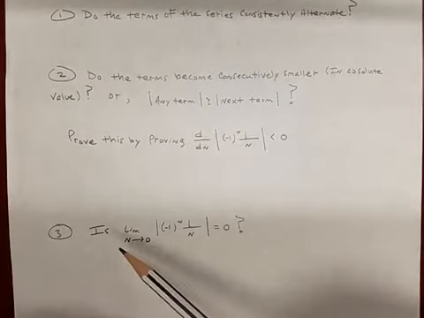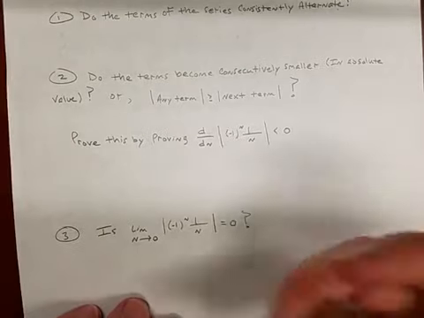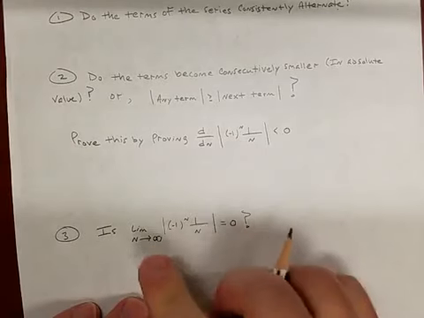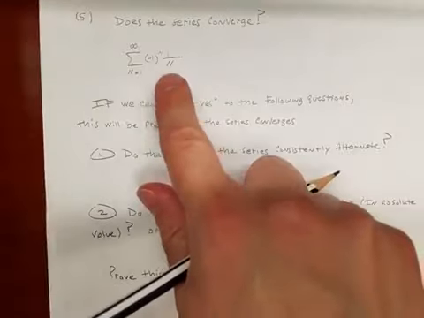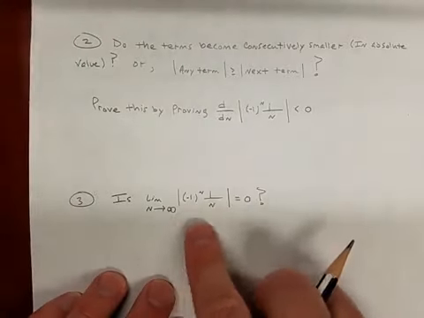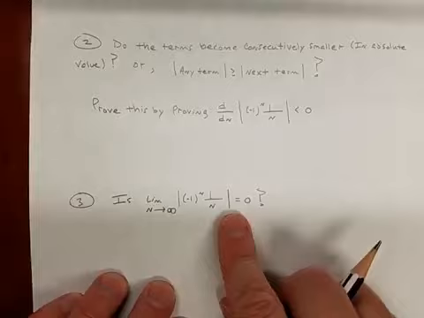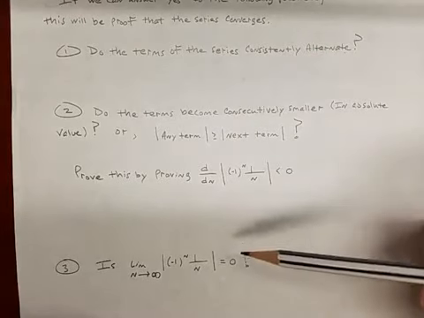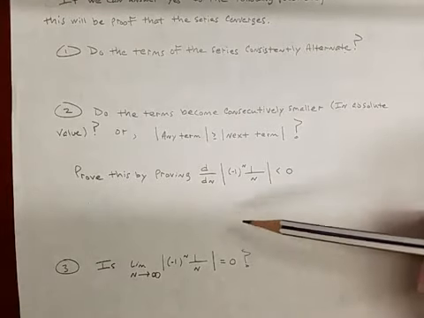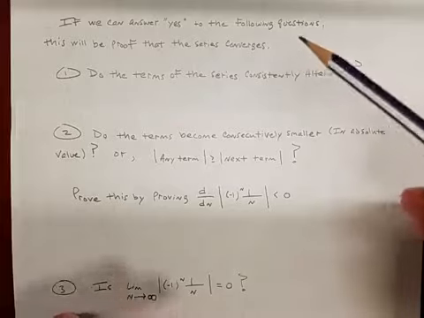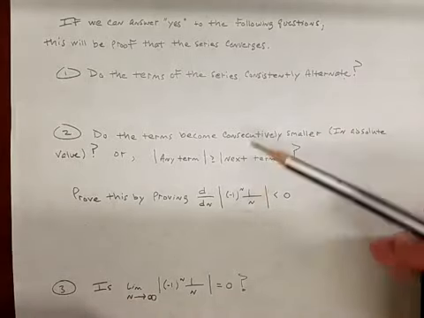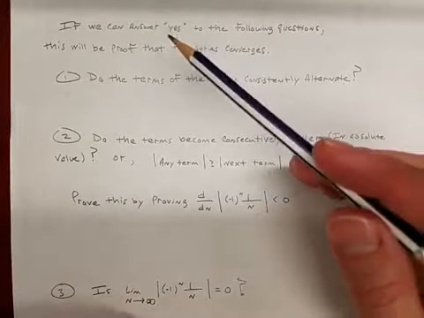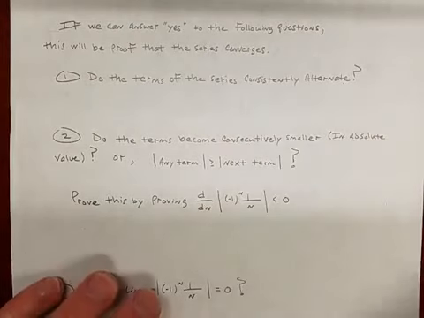Third thing is the limit as n goes to infinity equal to 0. Take that expression out at infinity. Does it go to 0 in absolute value? If you can answer yes to all 3 of those, then the series converges. That's the alternating series test. Okay, so let's go through and check each part and see if we can say yes to it, and then we'll know.